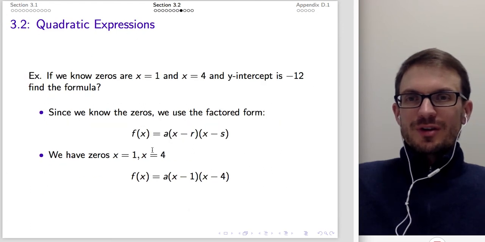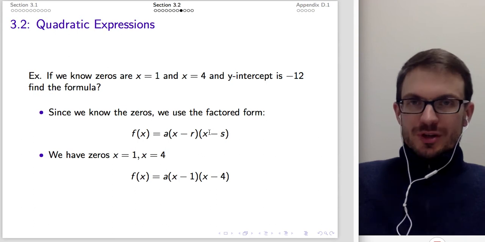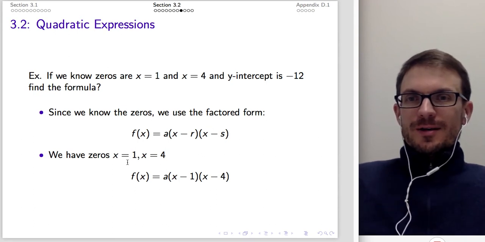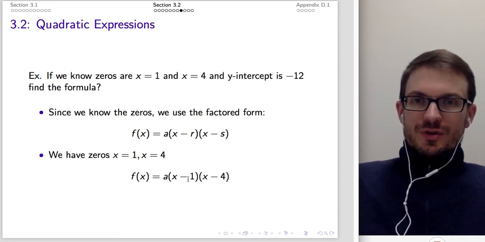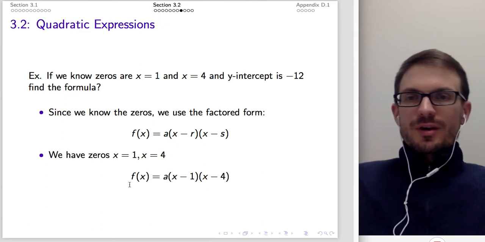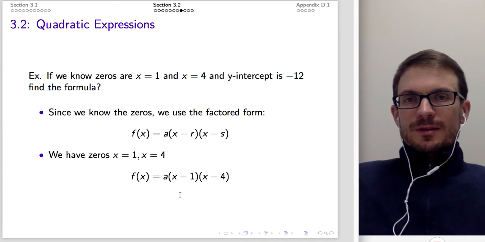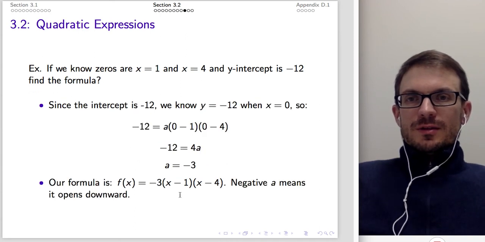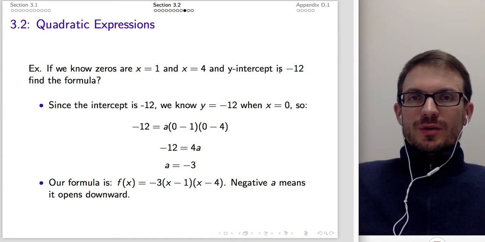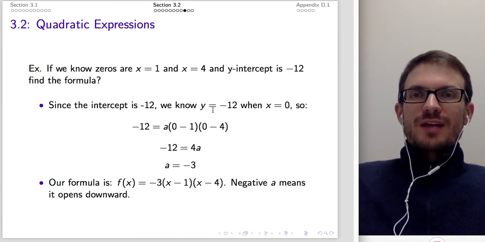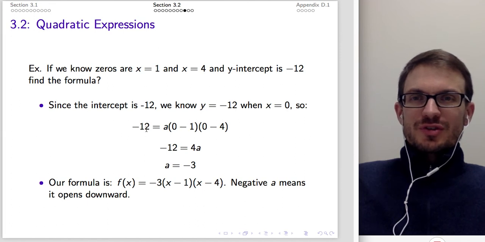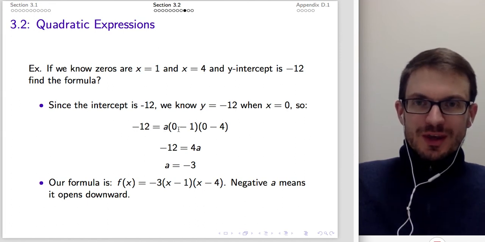All right, so here, we know the zeros, so we're going to use factored form. The zeros are 1 and 4, so x minus 1, x minus 4, and then f of x is just equal to a times this stuff here. We know the y-intercept is minus 12. Let's use that information. y is equal to minus 12 when x is equal to 0, so we know minus 12 is equal to a times, let's plug in 0 for x.